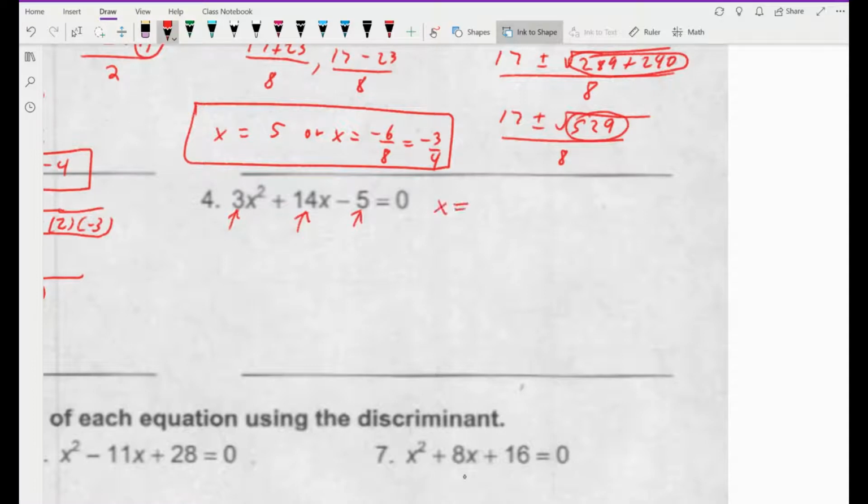X equals negative b, so it's negative 14 plus or minus b squared. 14 squared, let's see, what is that? 196, I believe, minus 4ac. 4 times 3 times minus 5, all over 2a. 2 times 3.